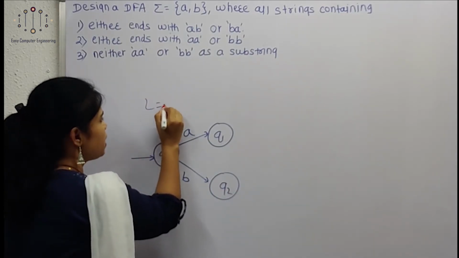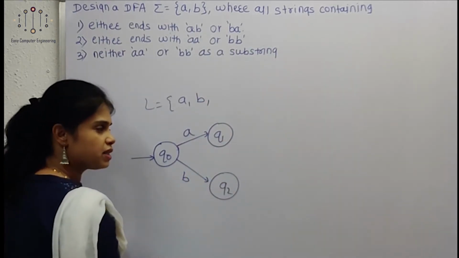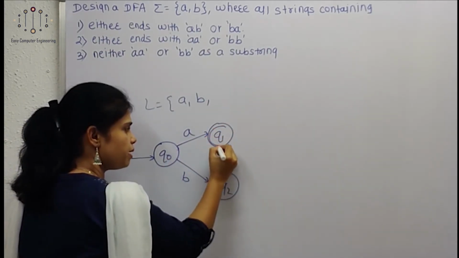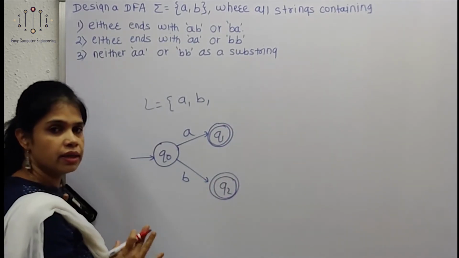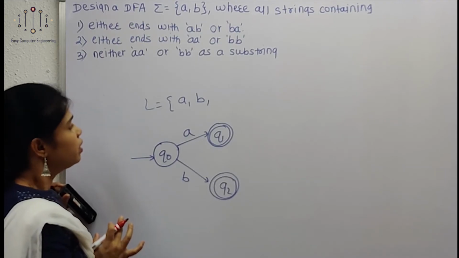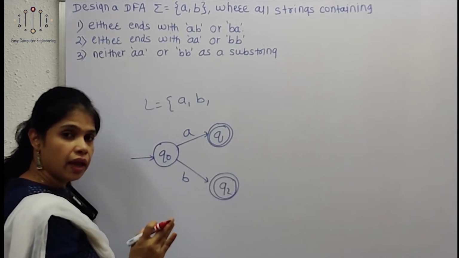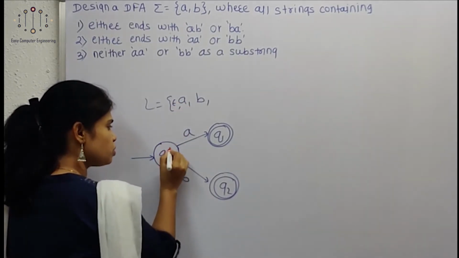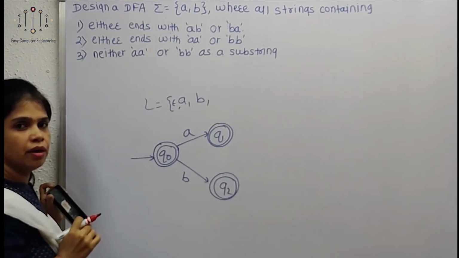As per my language, single A is acceptable and single B is acceptable, so we can make these final states. Neither AA nor BB means it can accept epsilon, so we can make this a final state as well.